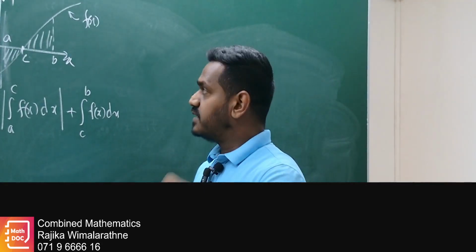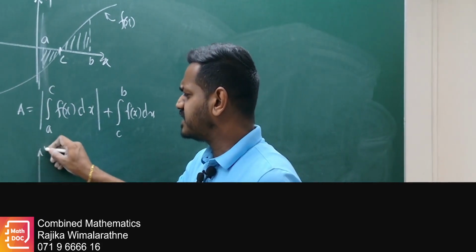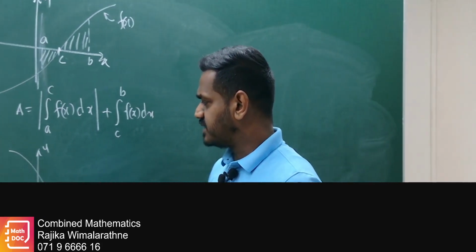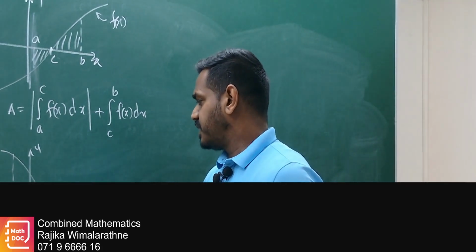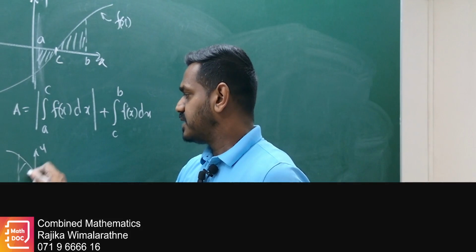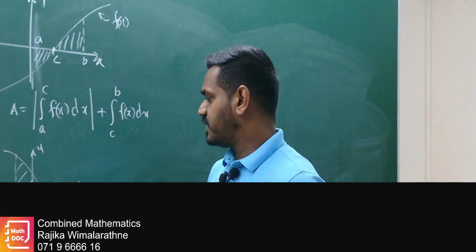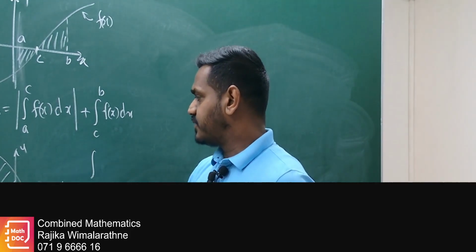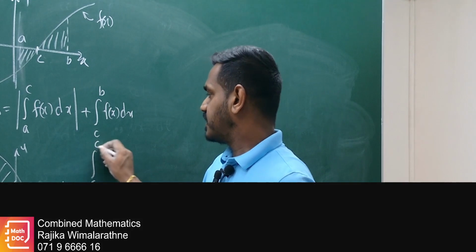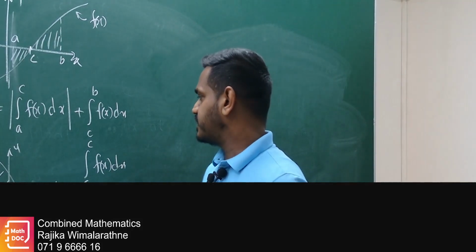Okay. Then consider here x-axis, y-axis, a function like this. Here a, b, c. Then the shaded area is represented by a to c f(x) dx, that is positive.